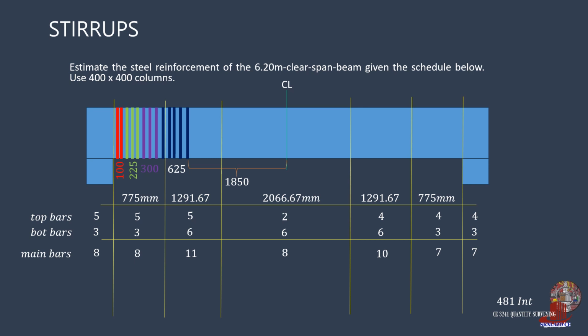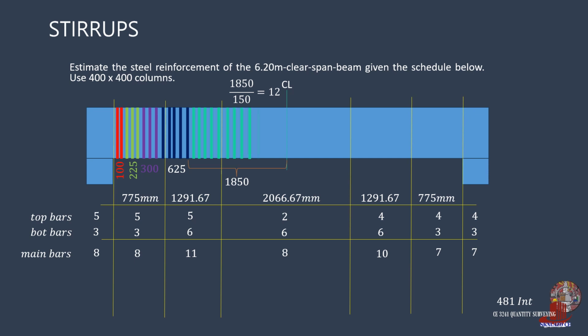But what is the remaining length? Half the beam is 3.1 meters, then take out the lengths used up by the previous stirrups. This gives 1.85 meters remaining, and for this length, the stirrup spacing to be used is 150. So 1,850 divided by 150 gives 12 more stirrups.